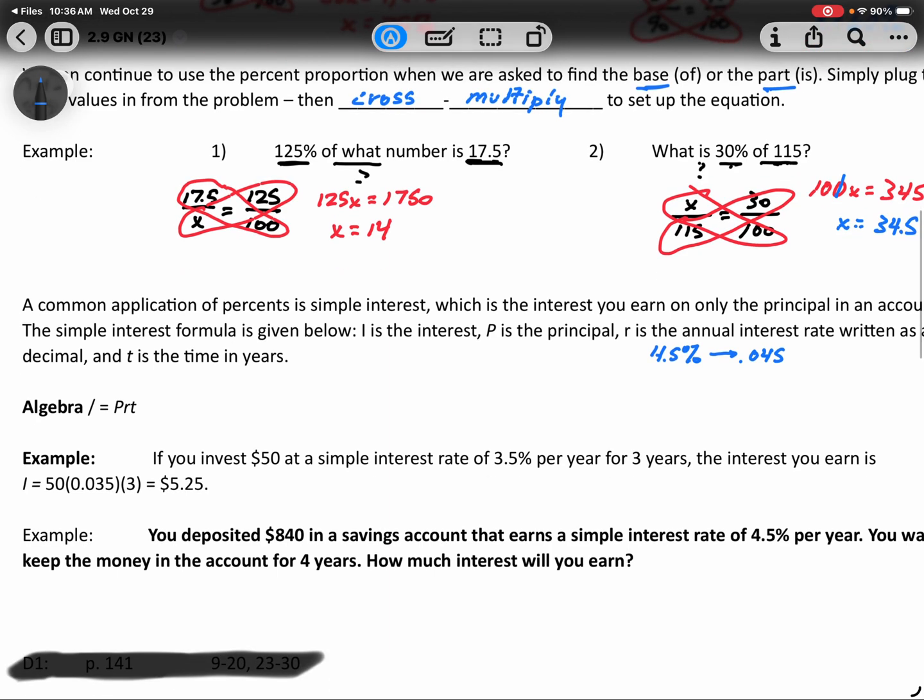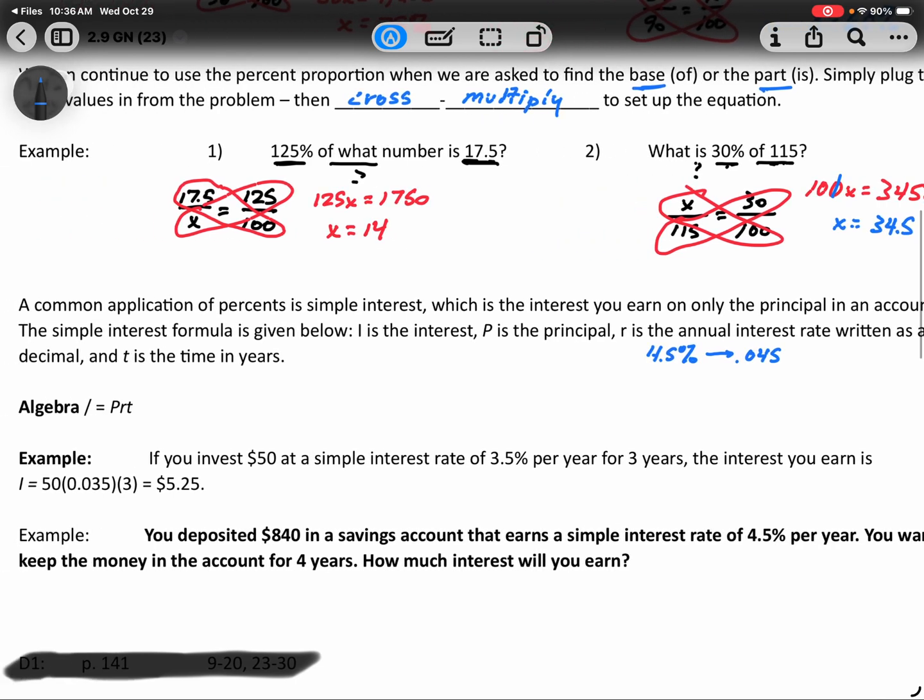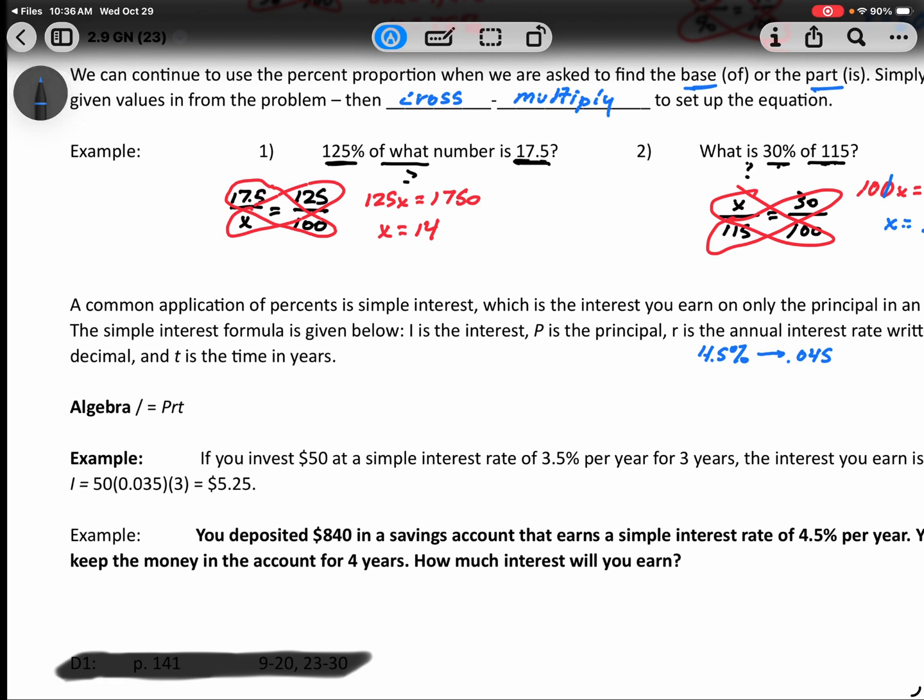Well, if you take a look at the example, it says if you invest $50 at a simple interest rate of 3.5% per year for 3 years, the interest you earn is what? Well, here's my initial investment, $50. Here's my rate.